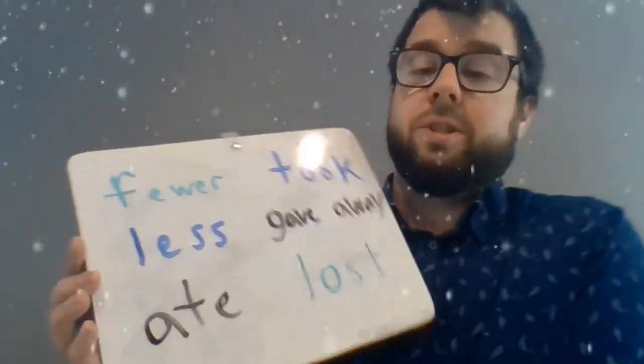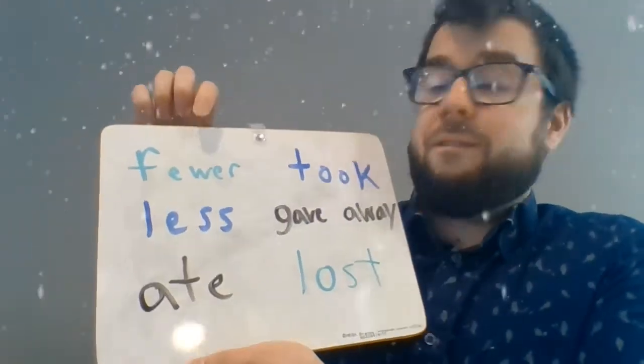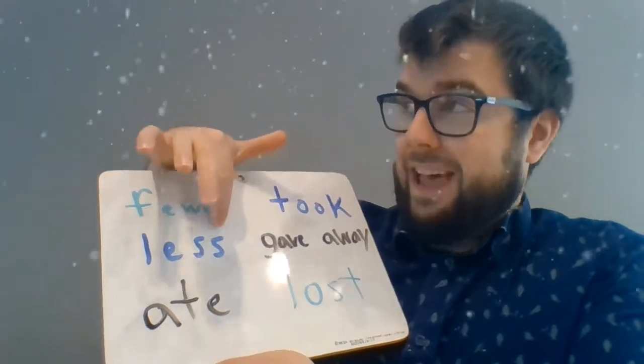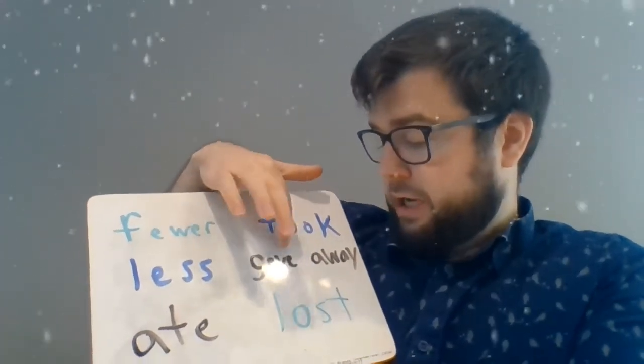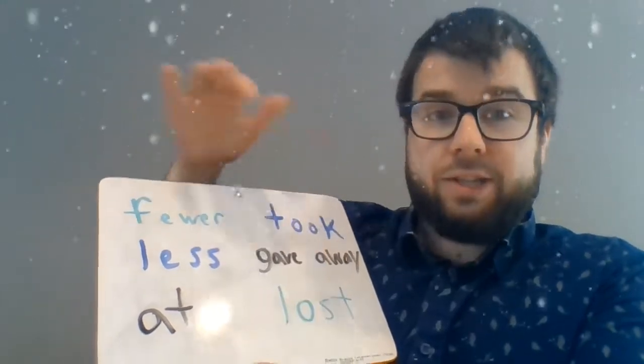Today, we're going to focus on when you're doing story problems, the way you tell if it's addition or subtraction. There are some words that you need to listen for. I wrote those words on this board. Some of the words you need to listen for are fewer, less, ate, took, gave away, lost.